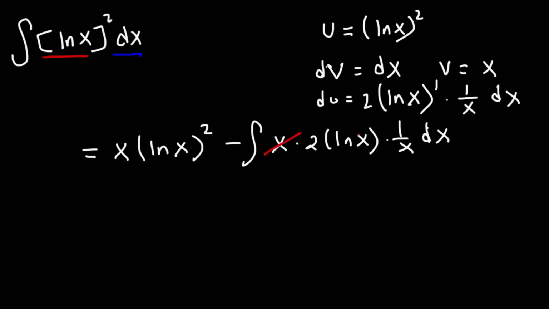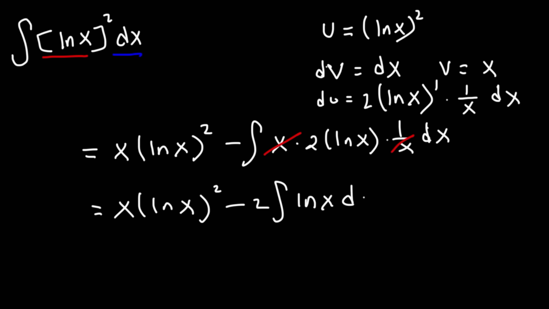So we could cancel x and 1 over x. So this becomes x ln x squared, and then we could take out the 2. We can move it to the front, so minus 2 integral ln x dx. Earlier in this video, we determined that the integral of ln x is x ln x minus x.